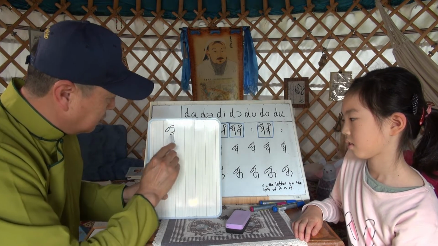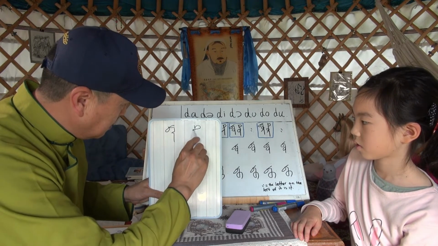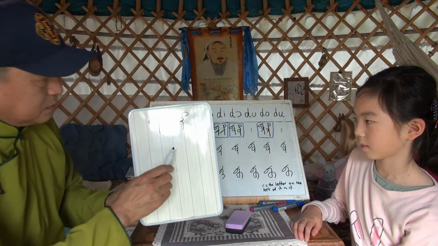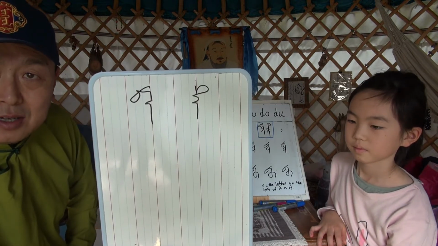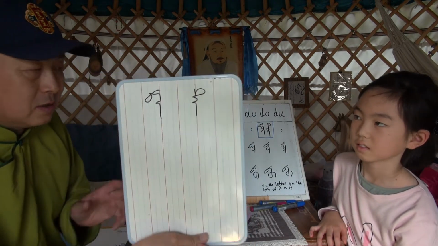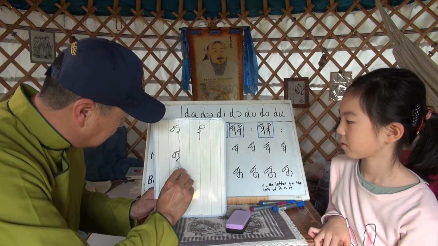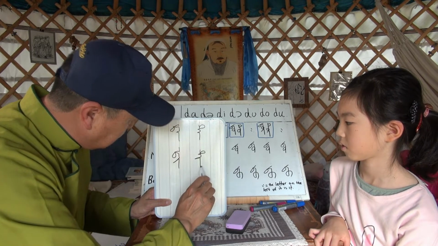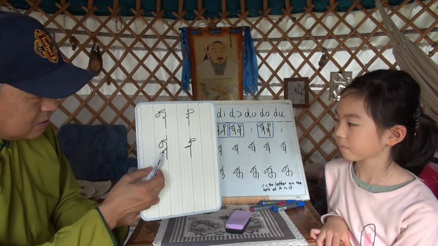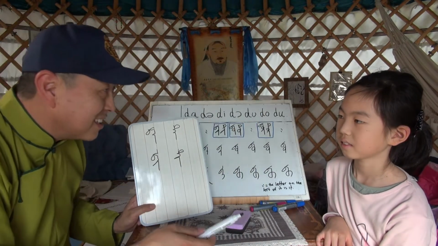So it's shorter, right? Really short. This ta, almost halfway. It's short. This is da, the tooth is short. But if we write D, you will see the difference. D. You see here, it's much longer. This is called shin.